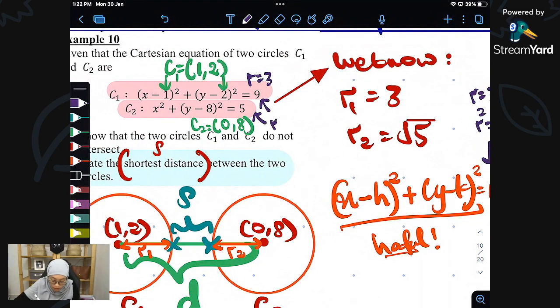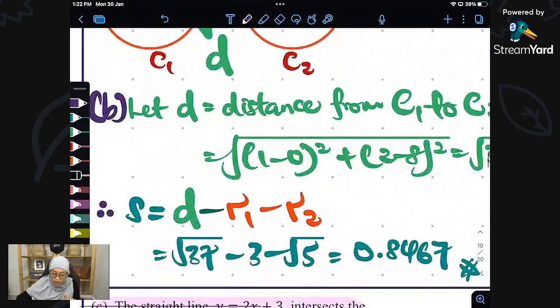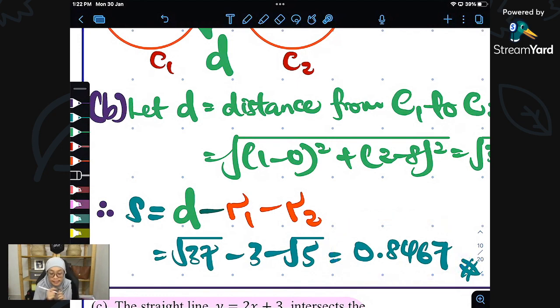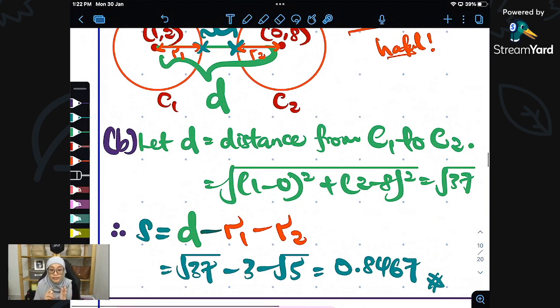This one is r squared equals 5, so r is equal to square root 5. So my r1 is 3, while r2 is square root 5. So I minus them, and I get 0.8467. That's it. Settle the question here.